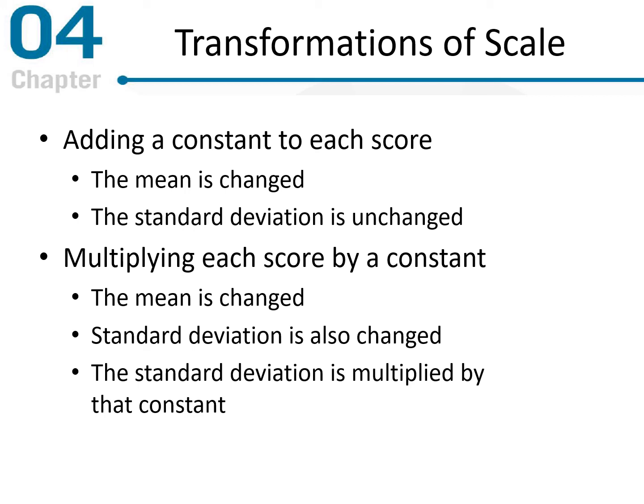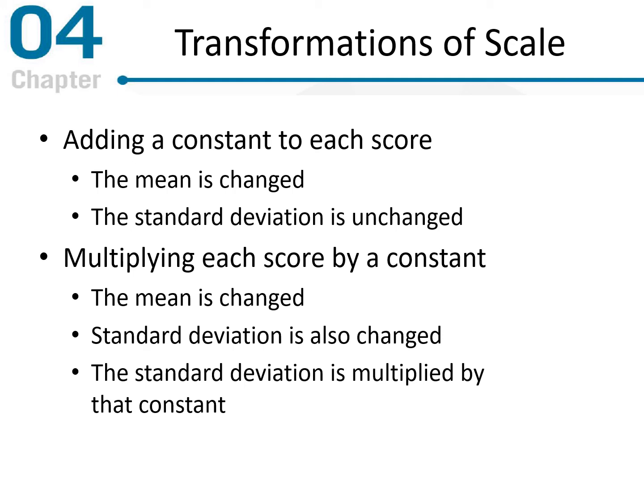So the mean is increased by whatever you added. If you add 5 to all your scores, the mean is going to be increased by 5. If you subtract 10 from all your scores, the mean is going to be decreased by 10. Common sense, right? The standard deviation does not change when you do that, because the scores are still in the same relation to each other. You're just adding a constant or subtracting a constant.